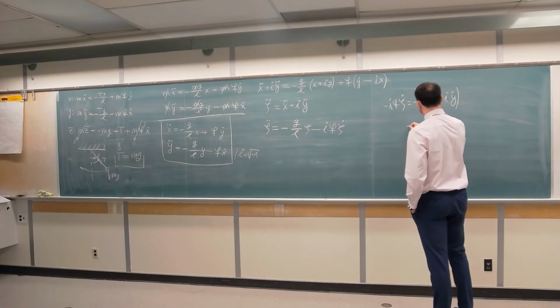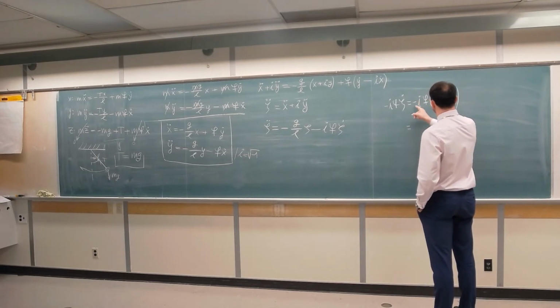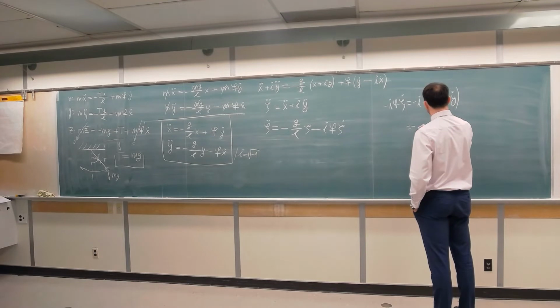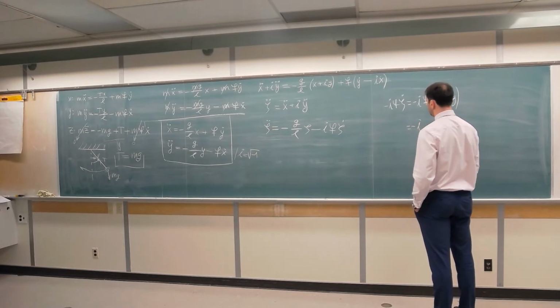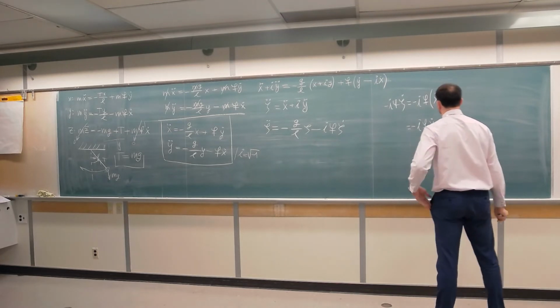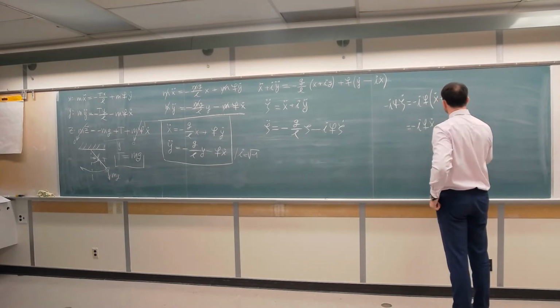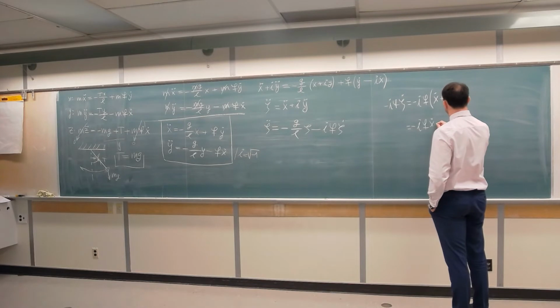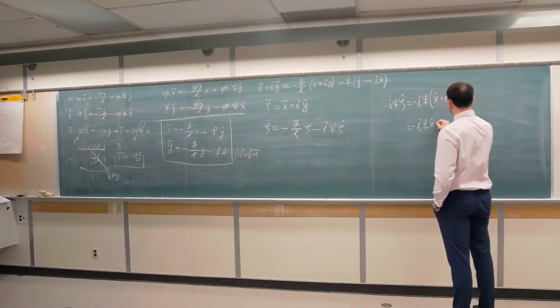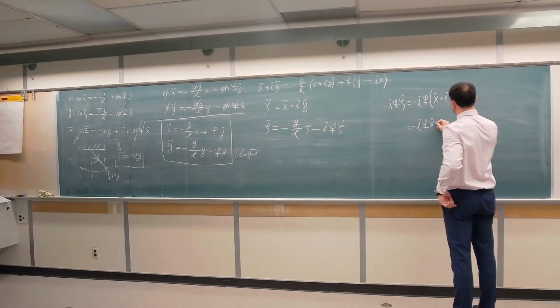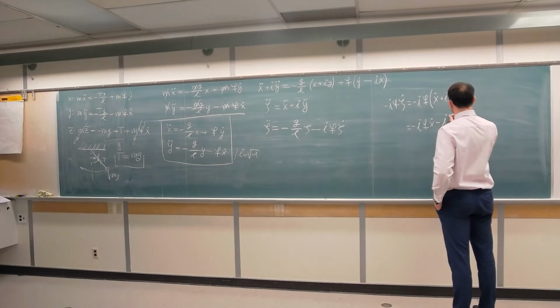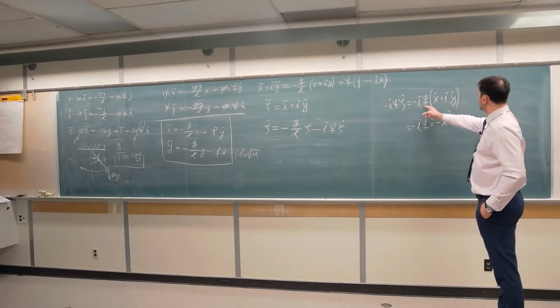And this is further equal: this times this will be negative i f x dot, and here I will have negative i squared f y dot when I multiply this and this.